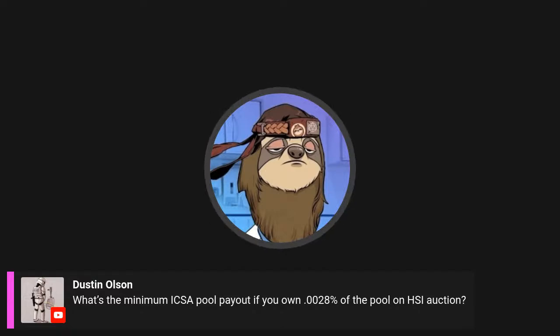What's the minimum icosa payout if you own 0.0028% of the pool on HSI auction? Let's see. Oh man, I actually forgot what the daily amount of icosa that's given to each pool is on minimum. I think it's like 4,000, maybe.